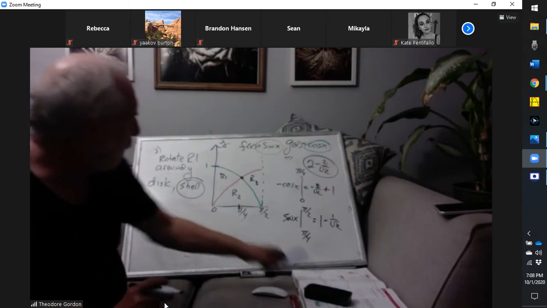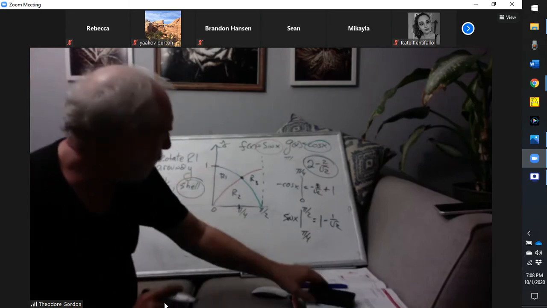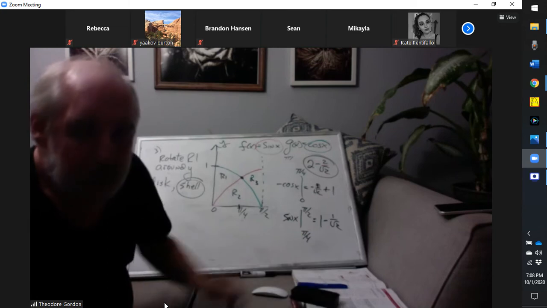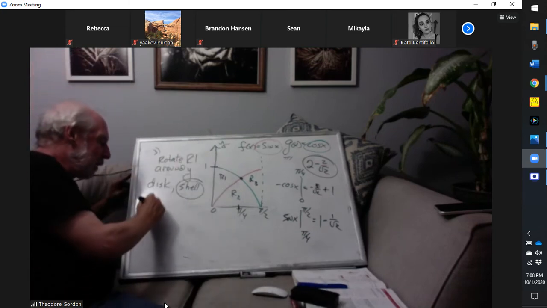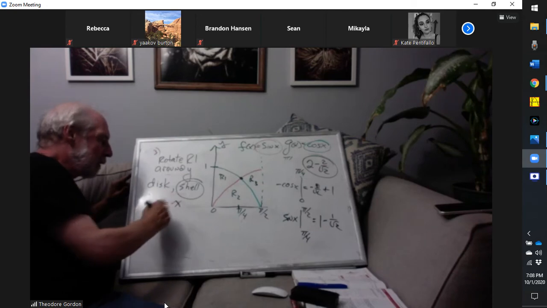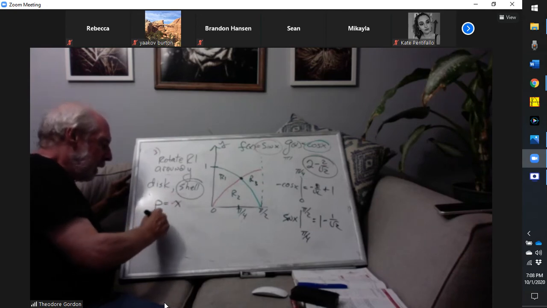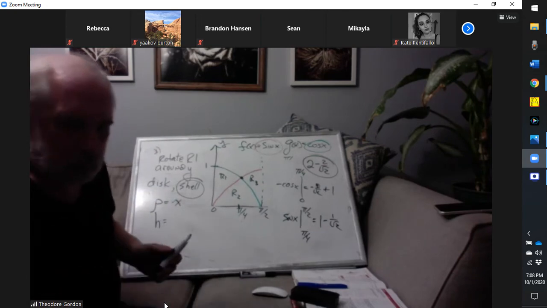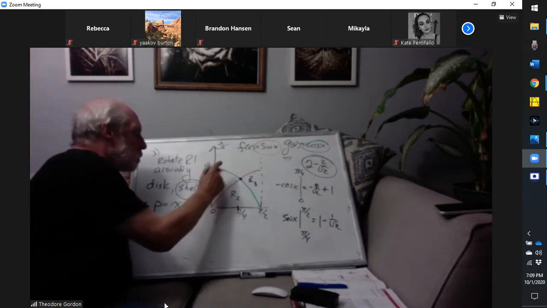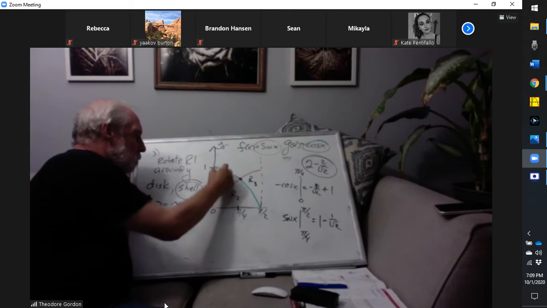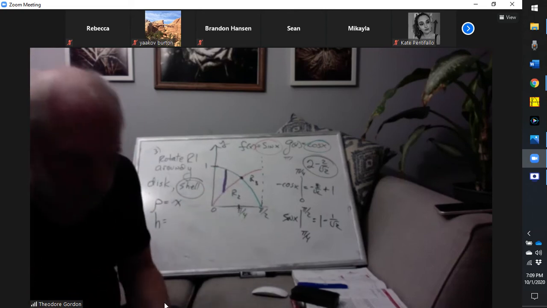And with shell, that means the rectangles go this way. Shell rhymes with parallel. So we are spinning the y-axis. So rho is x. And the height. How tall is that rectangle?